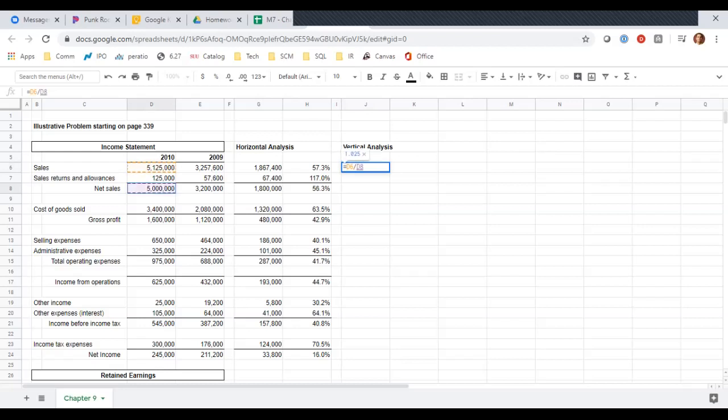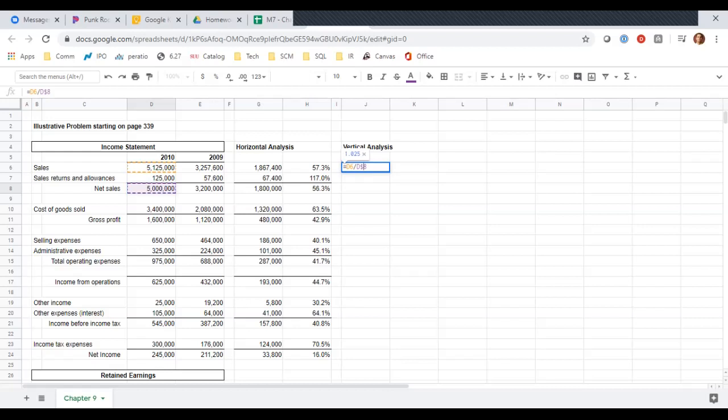Okay, so this is where understanding referential formulas is helpful. I want net sales to stay the same, but I also want it to move over to column E when I copy and paste this formula. But I don't want it to go down or up. Okay, so I'm going to lock in row 8 by putting a $ in front of the 8.